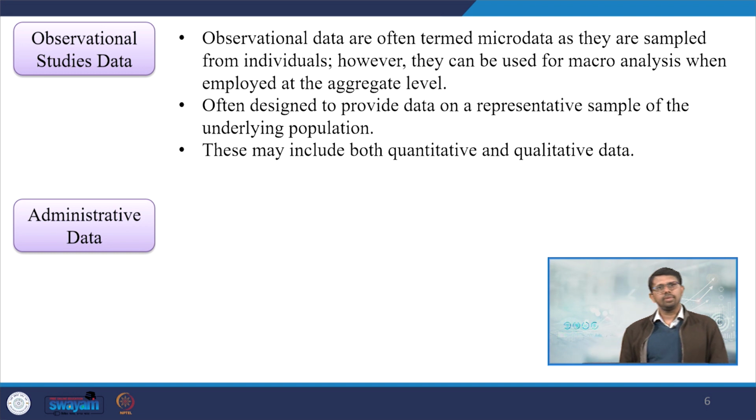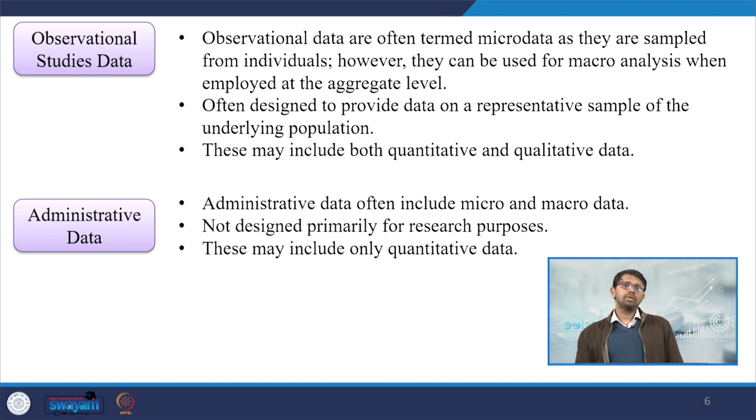However, these can be used for macro analysis when employed at an aggregate level. I mean, collating the micro will generate the macro aggregates, often designed to provide data on a representative sample of the underlying population. These may include both quantitative and qualitative data.